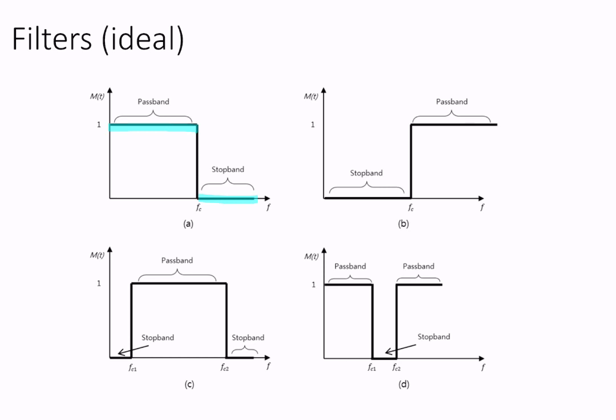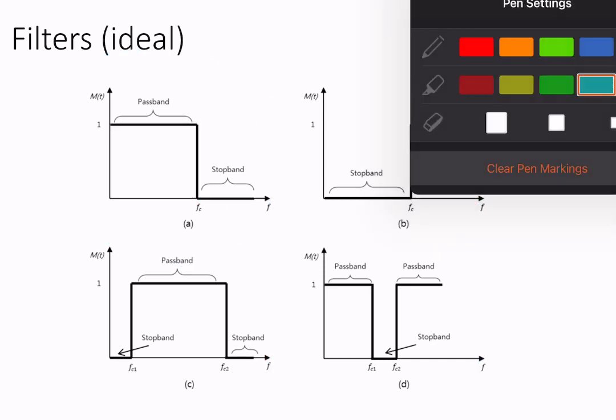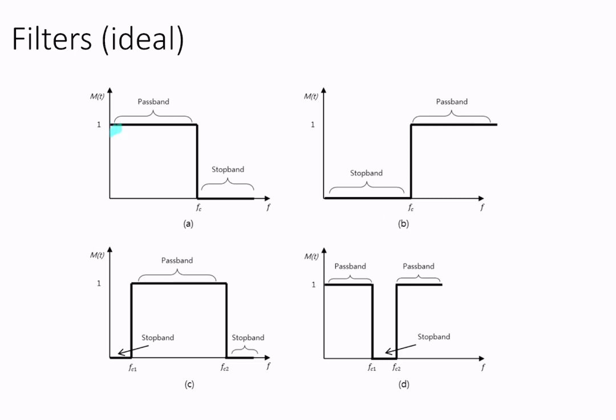So think of this as a response where the horizontal axis here is frequency. So this first kind of filter is a filter which will allow signals to pass if they have low frequencies, but will block them if they have high frequencies.